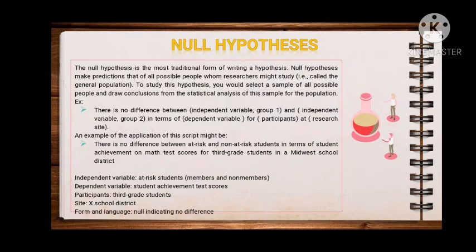Here we have an example: there is no difference between independent variable group 1 and independent variable group 2 in terms of the dependent variable for participants at the research site. An example of application might be, there is no difference between at-risk and not at-risk students in terms of students' achievement on math test scores for third grade students in a Midwest school district.